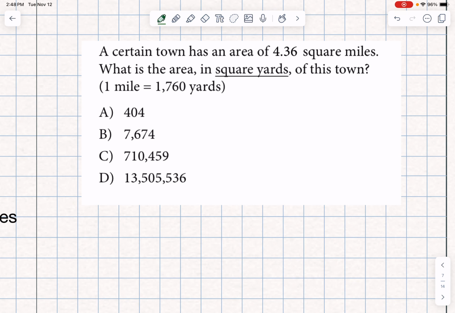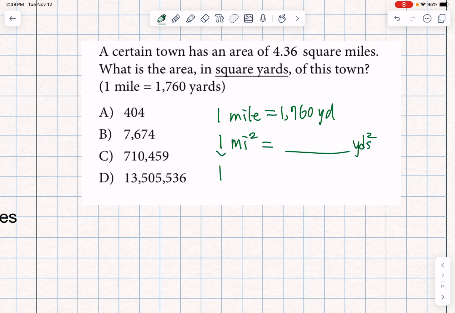So 1 mile is equal to 1,760 yards, but we need to know how many square yards are in a square mile. 1 square mile means 1 mile times 1 mile, which you can convert to yards as 1,760 yards times 1,760 yards.